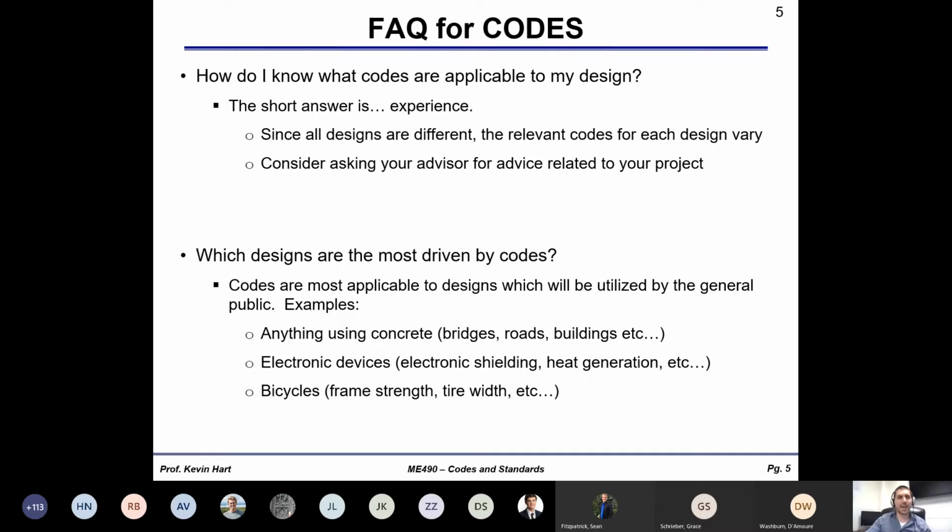Anything that uses concrete probably has some codes associated, like codes for how much rebar you can incorporate if you're going to have rebar reinforced concrete. Basically it comes down to what degree your design will be used by the general public. The more likely it is to be used by the general public, the more influential codes will be for you.